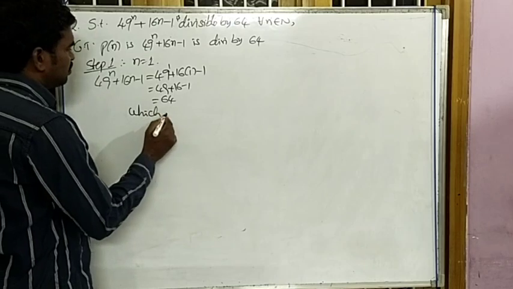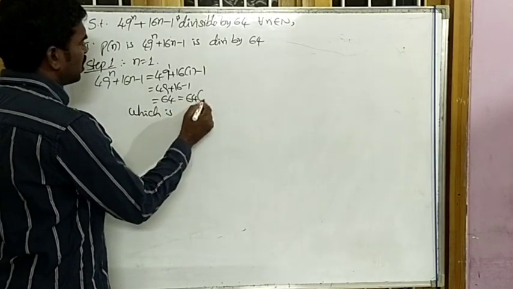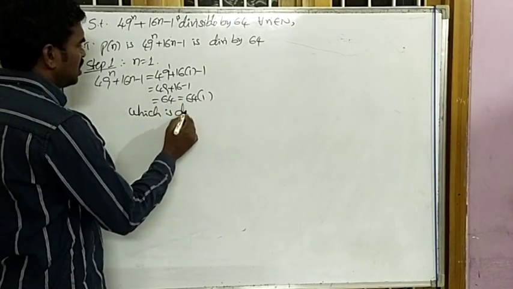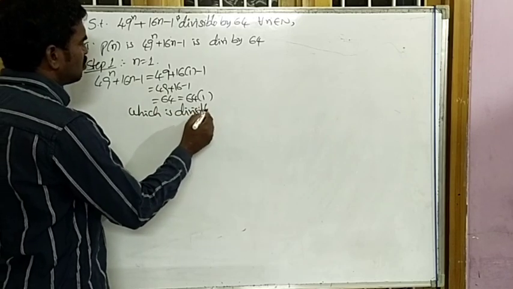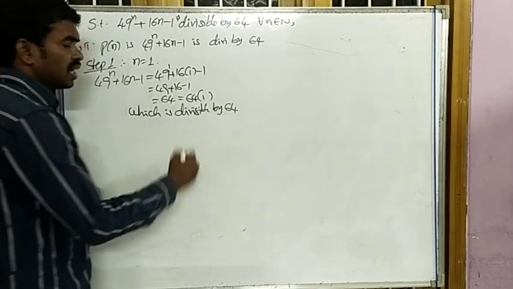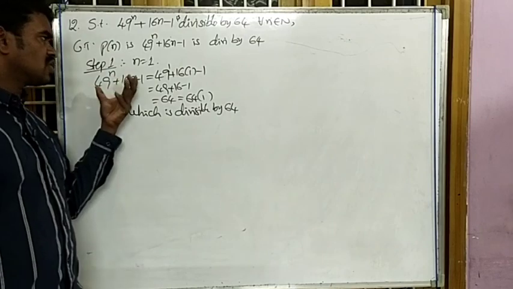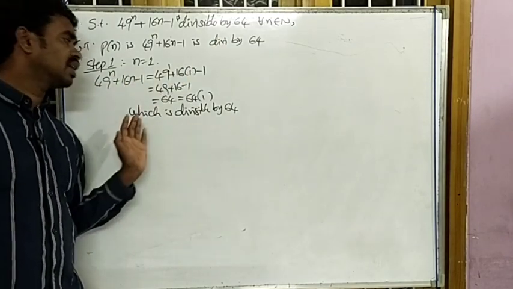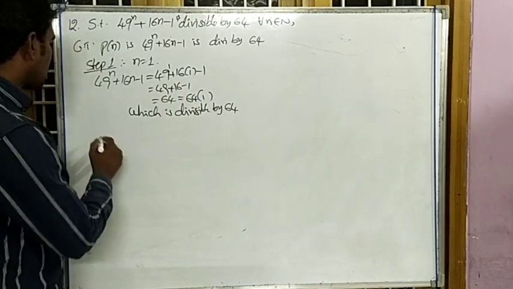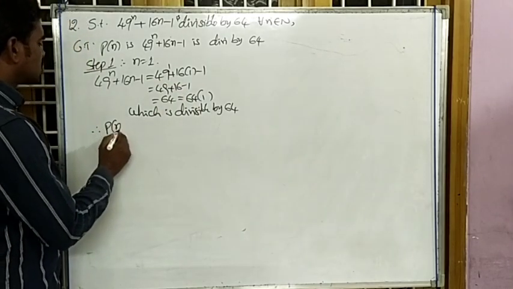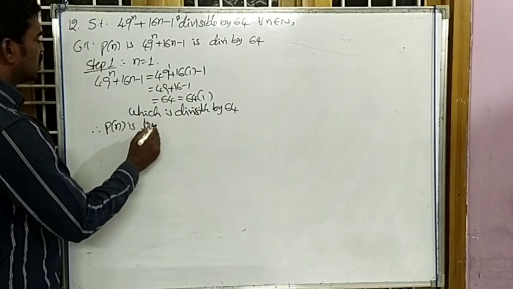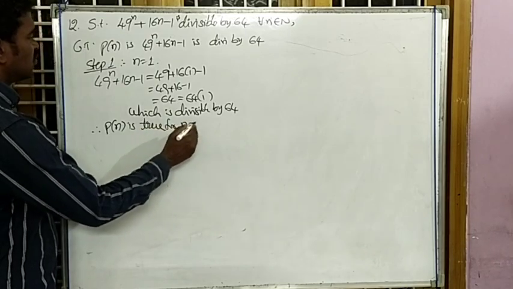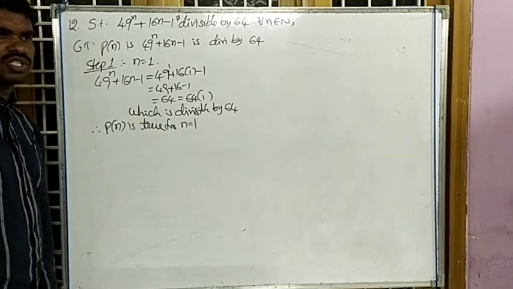This is nothing but 64 into 1, which is divisible by 64. Okay, taking n equal to 1 and substituting in this, the answer we get is divisible by 64, yes. Therefore P of n is true for n equal to 1, or directly you can also write P of 1 is true.